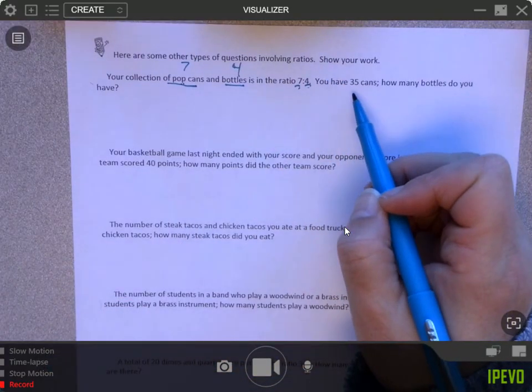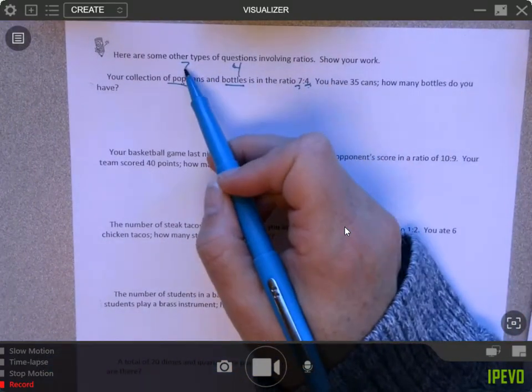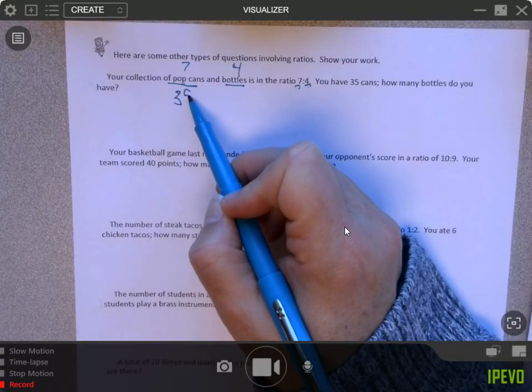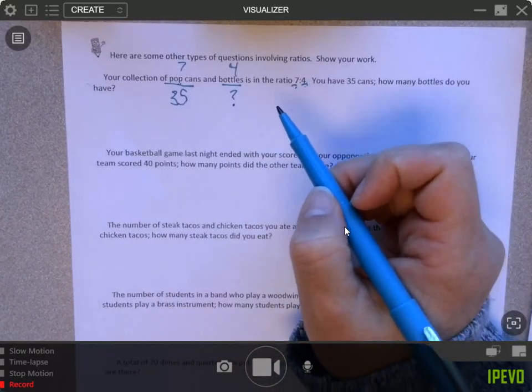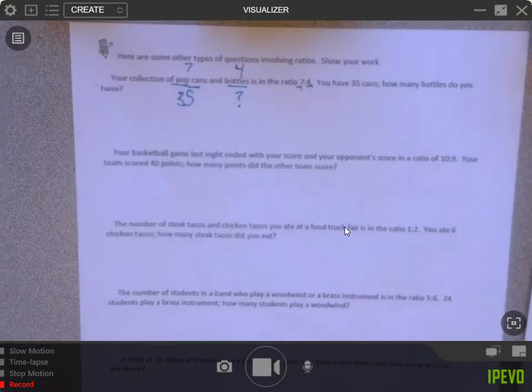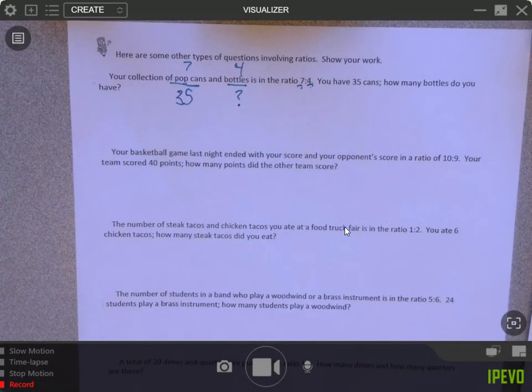Then it says you have 35 cans. So I have 35 cans. How many bottles do I have? So that 7:4 is the simplified. So if we have 35 pop cans and our ratio says 7, what did we simplify by? Bridget?